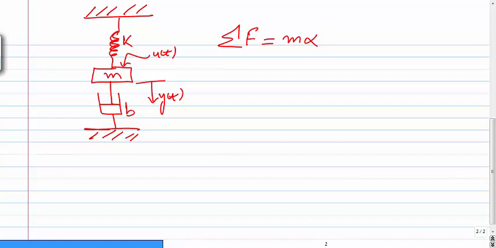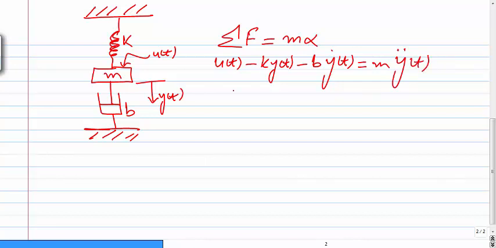The forces created by the spring and damper are opposing forces. If the applied force is u of t, then u of t minus the opposing force due to spring, k y of t, minus the opposing force due to damper, b y dot of t, is equal to m y double dot, the second derivative.